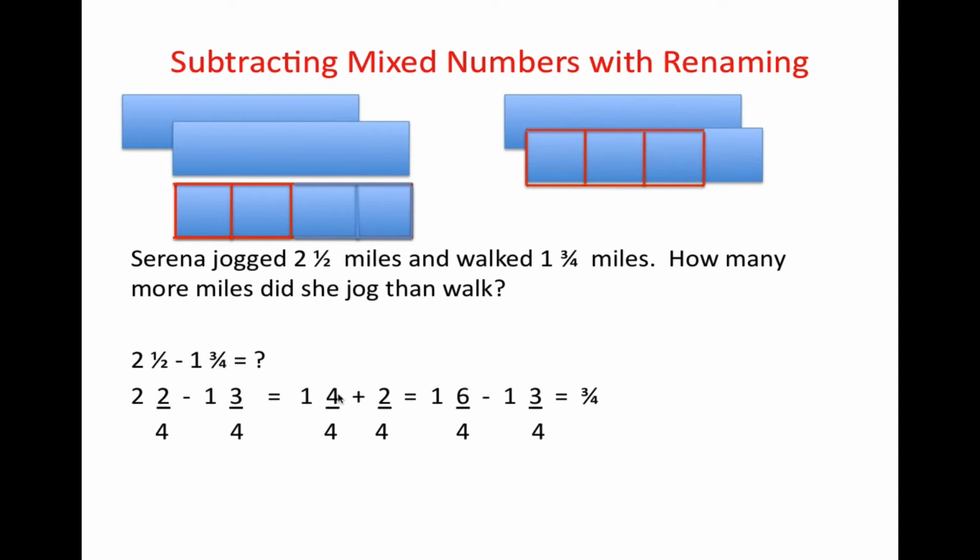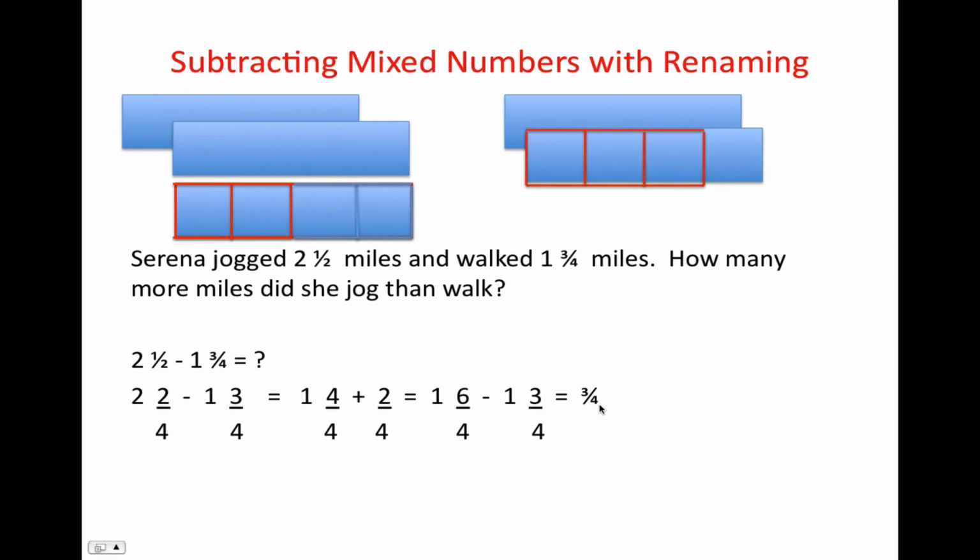We're saying 1 4/4. And we're going to add the 4/4 to the 2/4, and that gives us 1 6/4. So now we're subtracting 1 3/4 from 1 6/4, and that we can do. 1 from 1 is 0, and 6 minus 3 is 3/4. So the answer is 3/4.